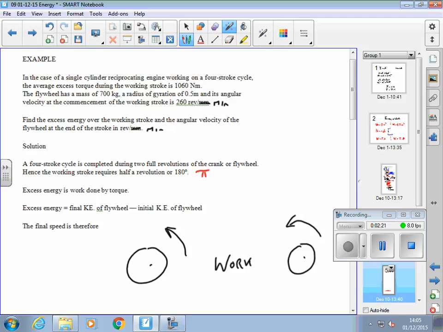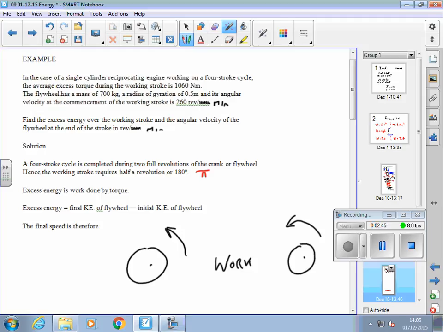So we're going to find out the kinetic energy that it's got at the commencement of the cycle, and then we're going to find out how much extra energy we're giving to it by calculating the work done. And then we're going to add that onto the initial kinetic energy to find the final kinetic energy. And then from that we can find the speed.